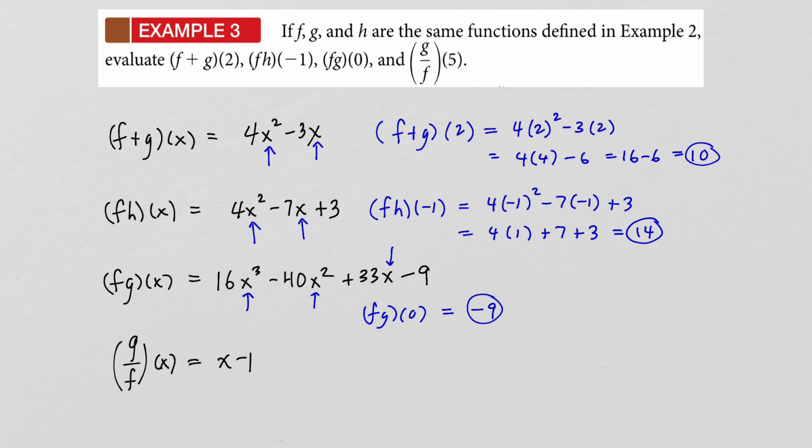And finally, g divided by f of 5 is going to be g divided by f of 5. We're just going to put 5 in there, so that's 5 minus 1, which is 4. So once you know all of these functions, it's just like any other function. You just simply replace x with the number.